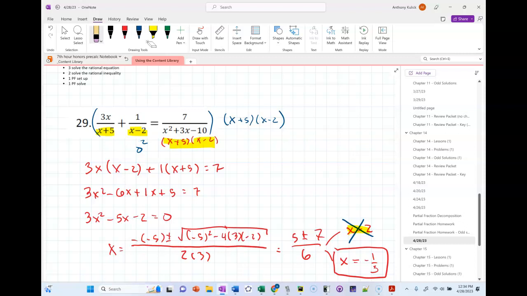If I plug the negative 1/3 in there, that works everywhere, right? No 0 denominator, it's clean. Now you could grind all the way through to make sure the two sides are equal, but no thank you. I'll just check for 0 denominators because I can just do that with my eyes. You know what I'm saying?